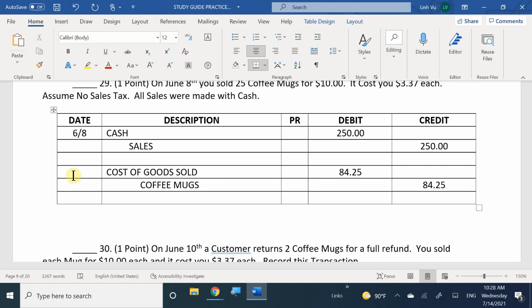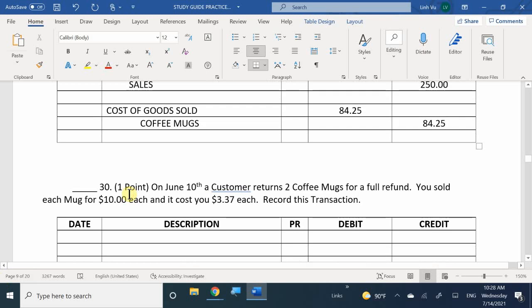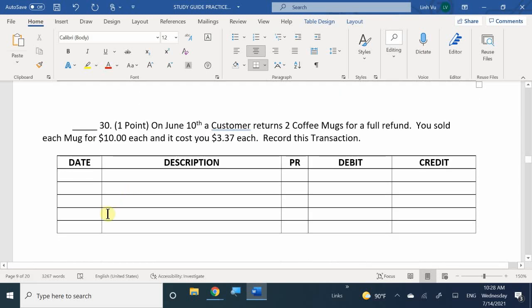One to record the transaction at hand, which is the sales, and two, the journal to represent what you sold. So updating your inventory, representing that you sold X amount of coffee mugs and taking it out of your inventory.